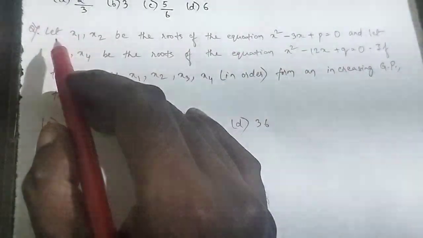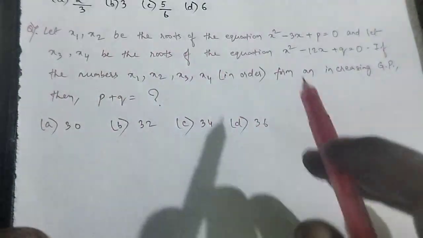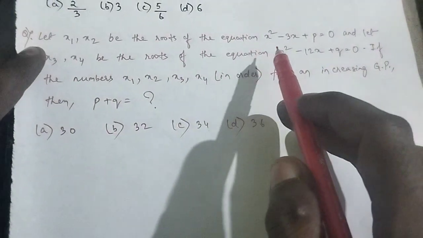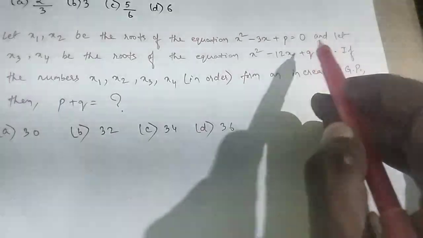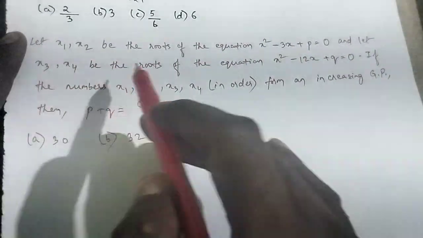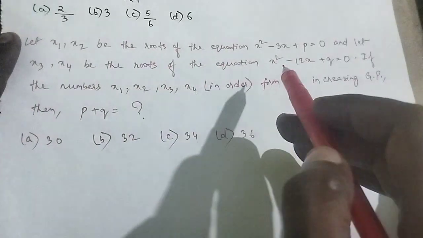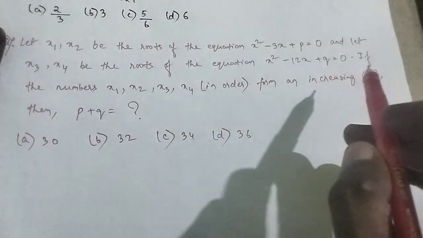In this video I have brought this question for you all. So look at the question. Let x1, x2 be the roots of the equation x square minus 3x plus p is equal to 0, and let x3 and x4 be the roots of the equation x square minus 12x plus q is equal to 0.